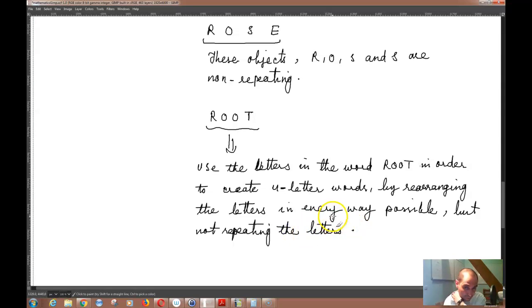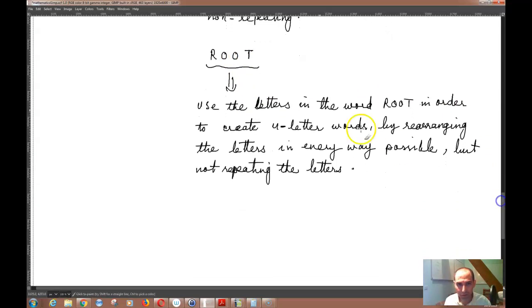Now the problem with this word is that if I think of the letters of this word as objects, I will have an R, an O, another O, and a T, right?